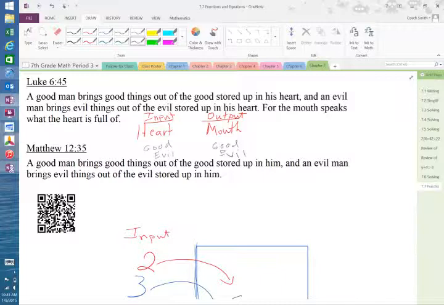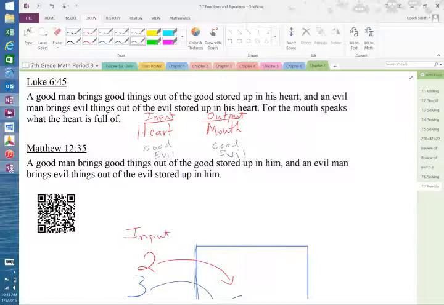Reading the Word of God, not just because it's assigned in a class. Okay? Praying, lifting others up, lifting burdens other people have up. Lifting those burdens to the Lord. Pray for others. Okay? So that's what we're talking about when we're talking about input and output. That's our function rule.